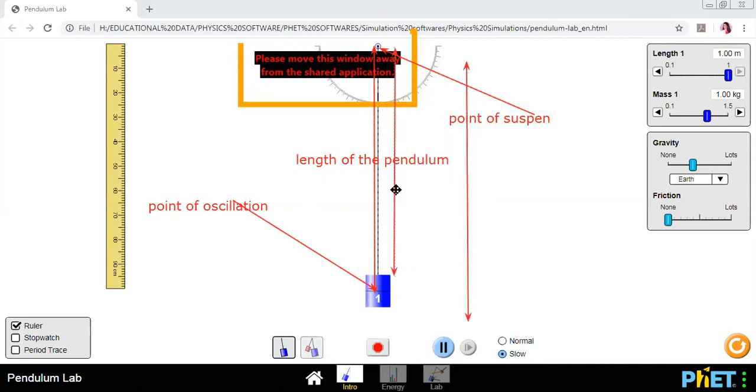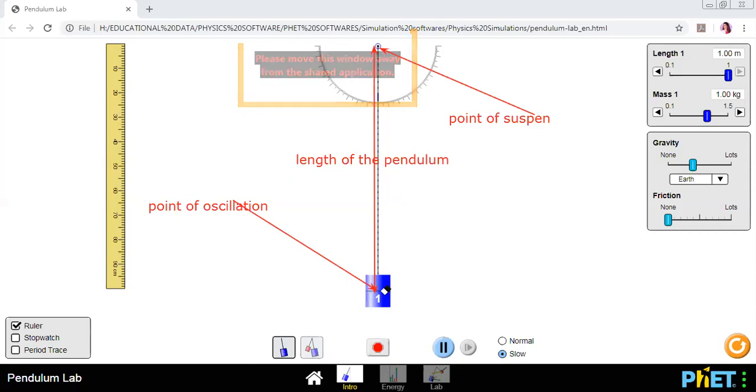These two are not the length of the pendulum. Even this is not the length. The length of the pendulum is from the point of suspension to the point of oscillation. And where is the point of oscillation? The center of the bob. Clear, beta? All of you clear with this? If you are, then please say yes.